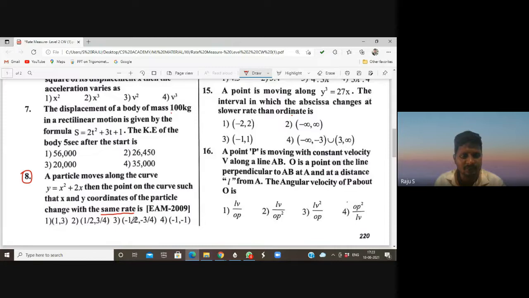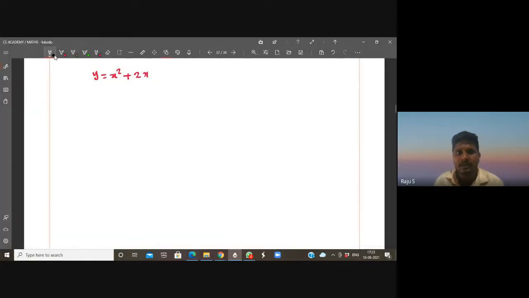In another way, the point on the curve is such that x and y change at the same rate. The change of the x variable can be written as dx by dt, and the change of the y variable I am taking as dy by dt. So dx by dt should be equal to dy by dt, the same rate of change.